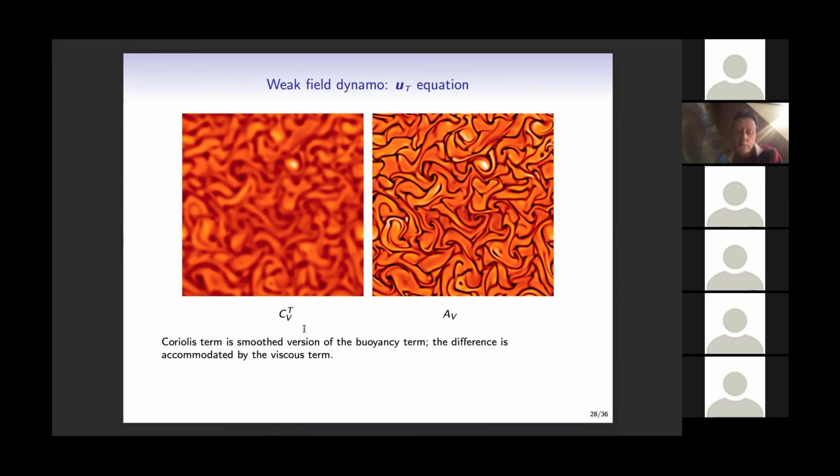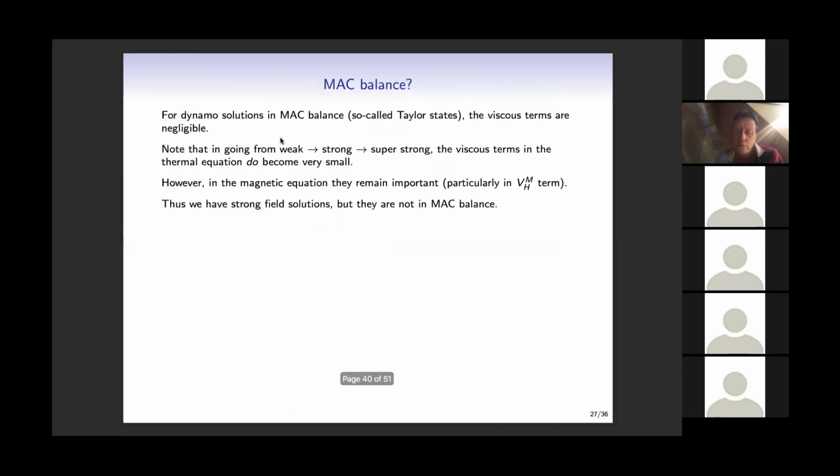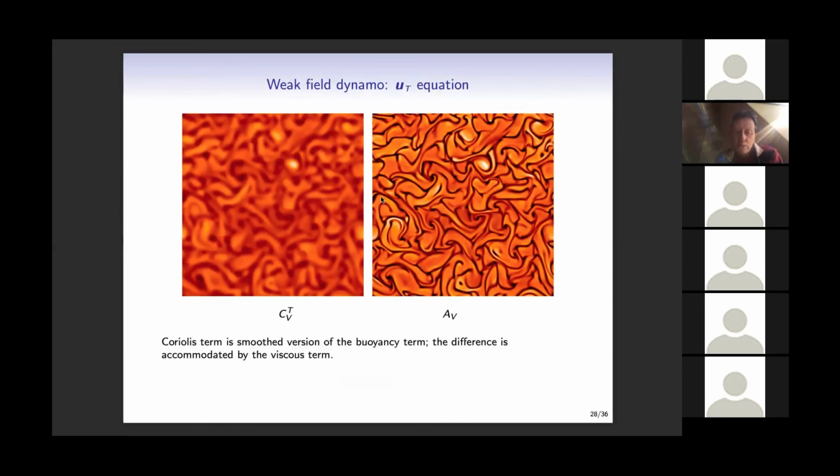So this is a weak field dynamo, where Coriolis, Archimedean, and viscous all play a role. This is Coriolis, this is Archimedean, and the viscous is the difference between them. So the viscous term smooths, and they're kind of comparable in size.